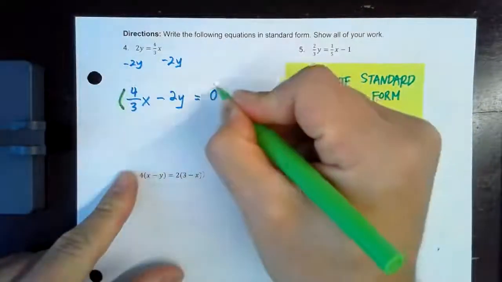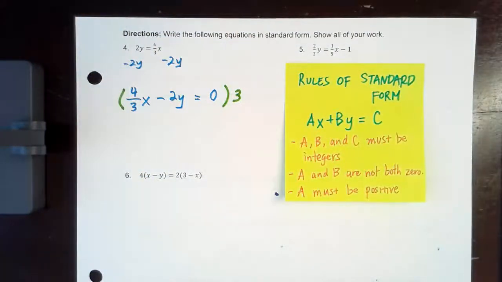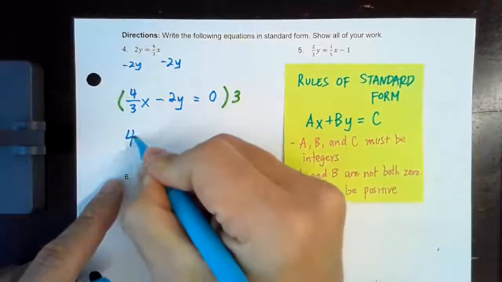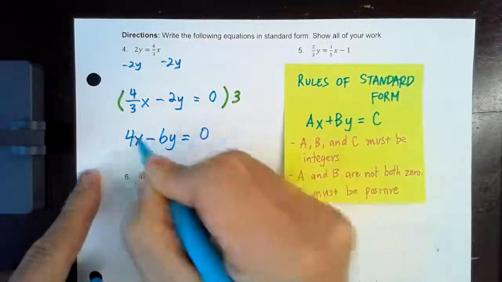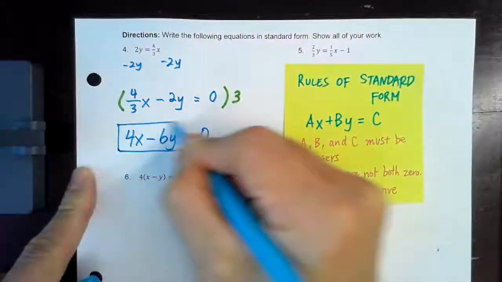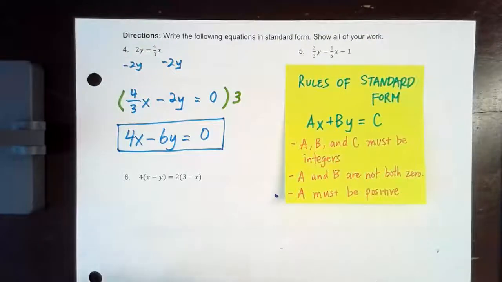Clearing the denominator is something that we have to be comfortable with. We multiply the entire equation by 3. Our final answer is going to be 4x minus 6y is equal to 0. And that now looks like it's in standard form. Okay?